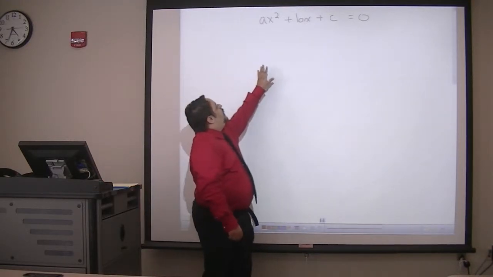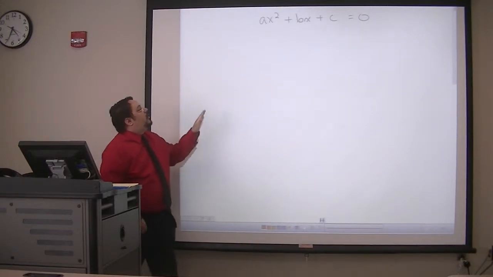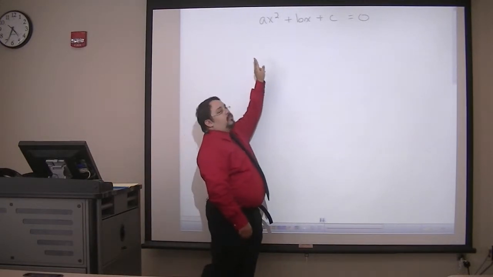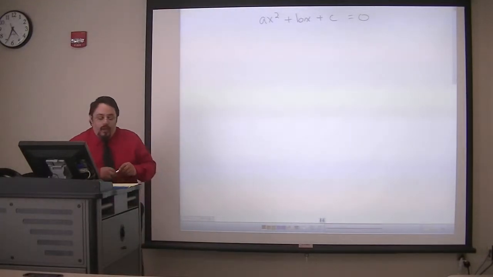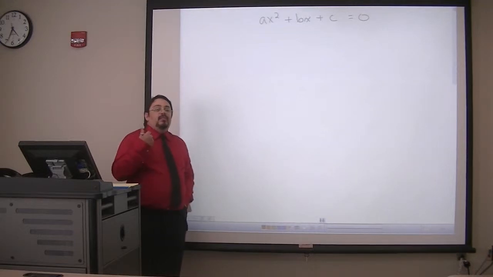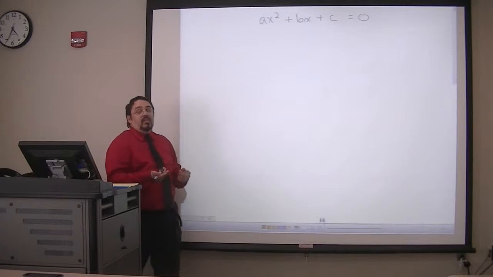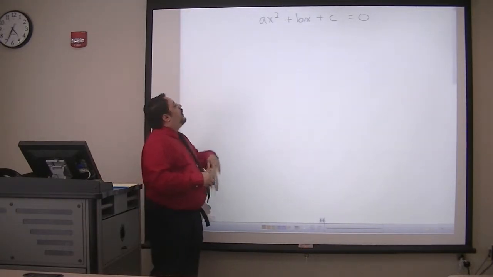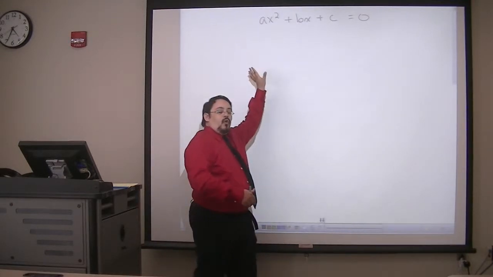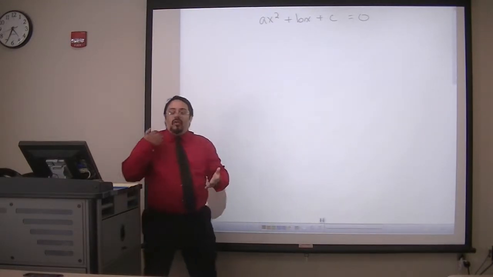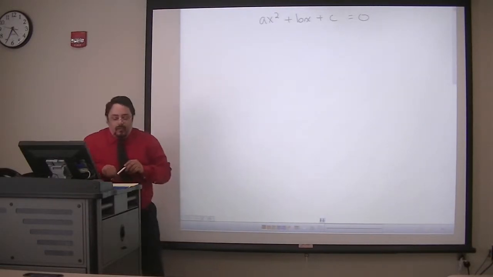So what we have here is the standard form of a quadratic equation. And what we're trying to do is find the solutions of x that make this equation true. One way that we took a look at is by factoring. But not everything can be factored, so that's why we looked at completing the square. And we're going to use completing the square on a general quadratic equation, and we're going to get another method that we can use to solve quadratic equations.